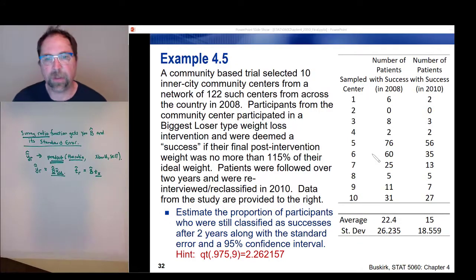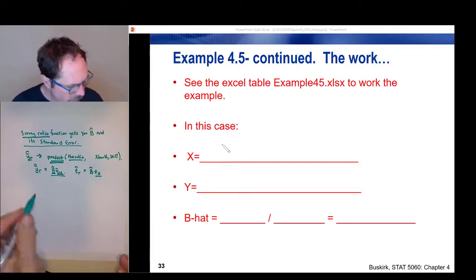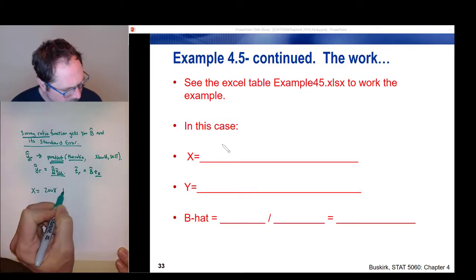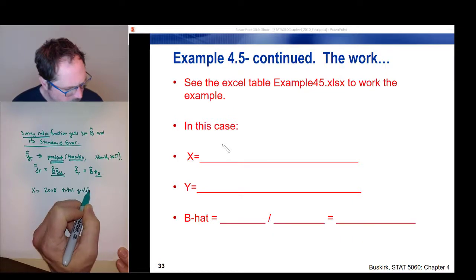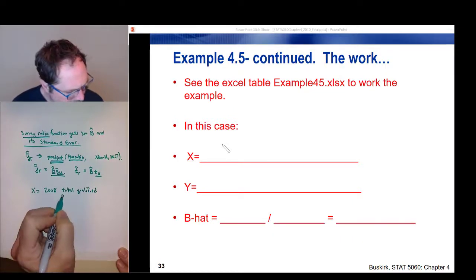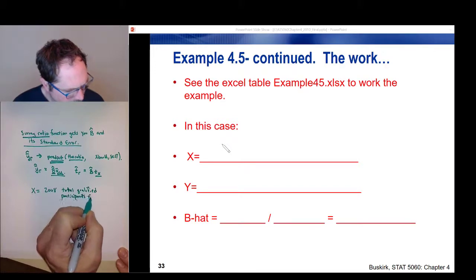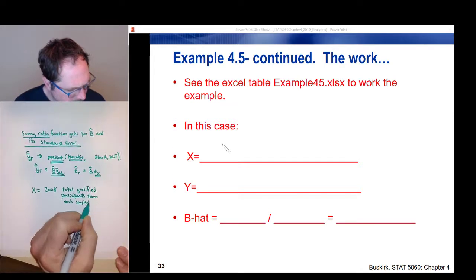So in this situation, on the next set of slides, we've got a couple of things that we're going to fill out. So x in this case is the 2008 total qualified participants from each sampled center.